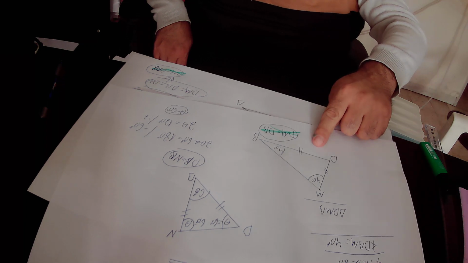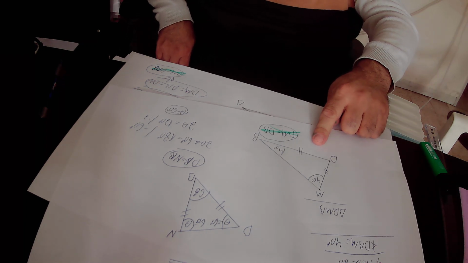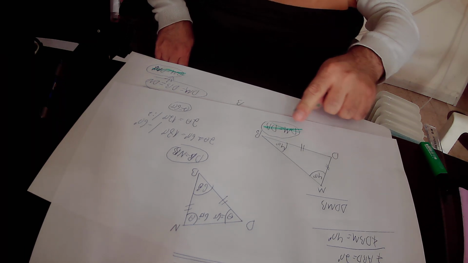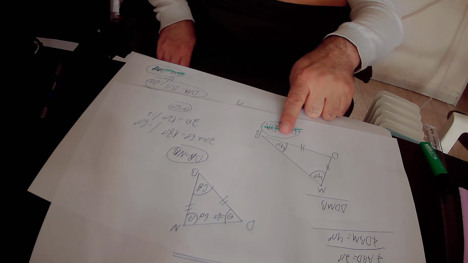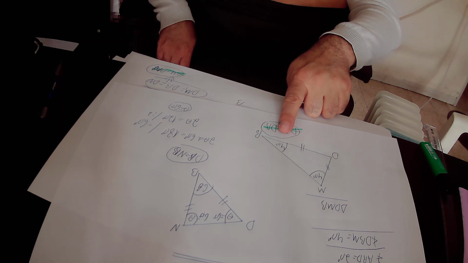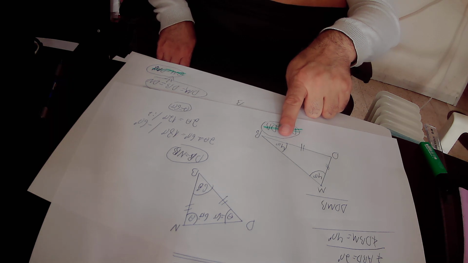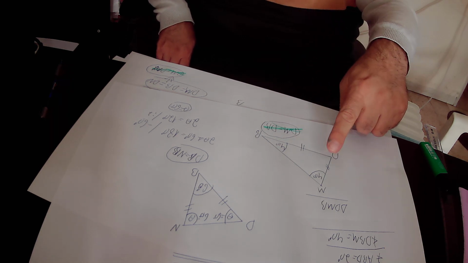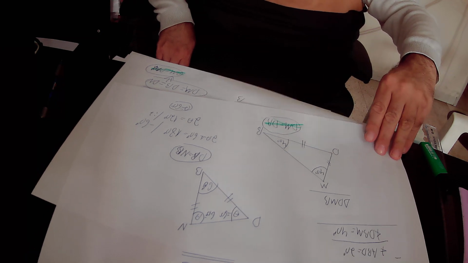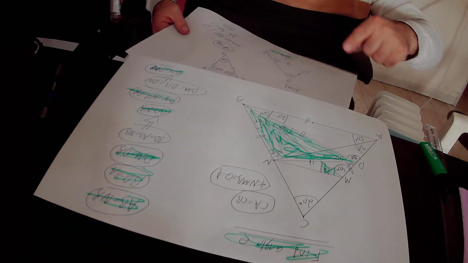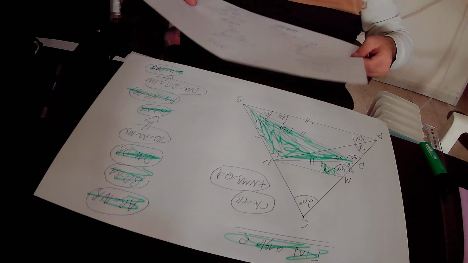This is triangle DMB that I copied from the original drawing. We just found out that angle DBM is equal to 40 degrees in its size, and we have already found out that this angle DMB also equals 40 degrees in its size.